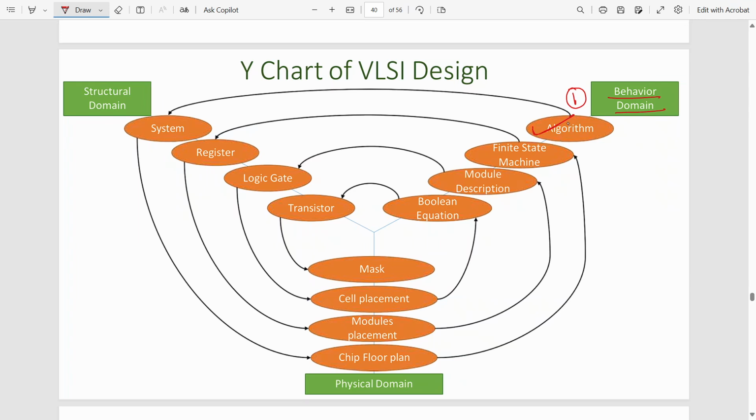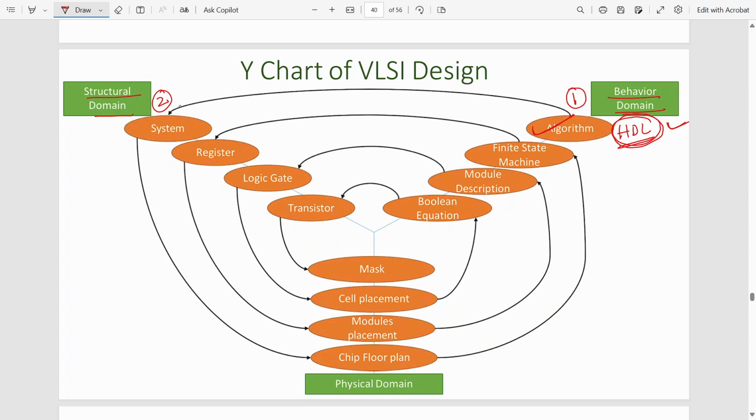You need to write the program in HDL, hardware description language. An algorithm means a set of instructions, a set of steps, and based on the steps you write the program. In the structural domain you have a system.